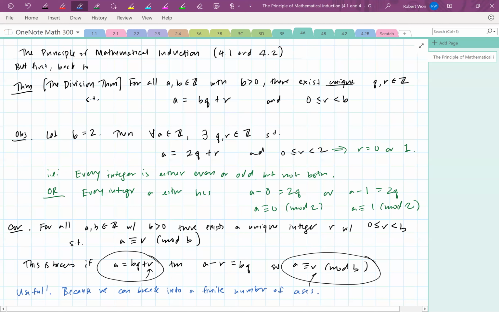So if you want to prove something about all possible integers modulo 9, you only need to check 9 things, 0, 1, 2, 3, 4, 5, 6, 7, 8, because every integer is congruent to one of those modulo 9. So let me give you a good example of this theorem. For every integer n, n cubed is congruent to n mod 3.